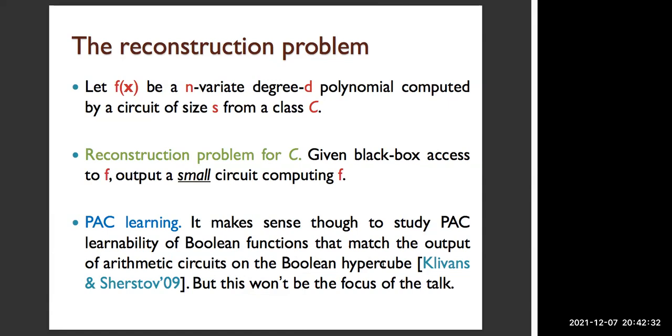It's just that I'm not interested in the overall polynomial. I'm only interested in the evaluation of the polynomial on the Boolean hypercube, and checking how far my output Boolean function differs from the original function. So in that case, PAC learning or approximate learning would make sense, as opposed to exact learning, and people have studied that and shown some hardness results.